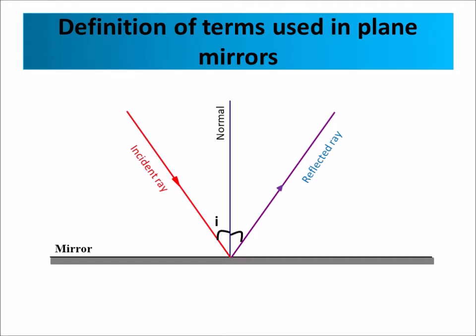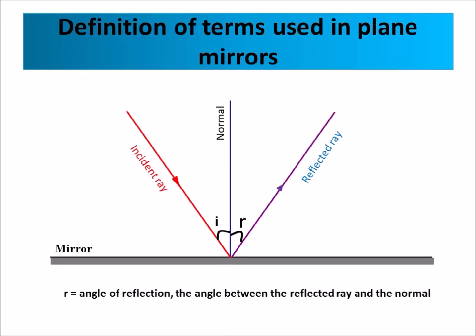Then we consider the next angle labeled R. So this is called the angle of reflection. So by definition, the angle of reflection is the angle between the reflected ray and the normal.